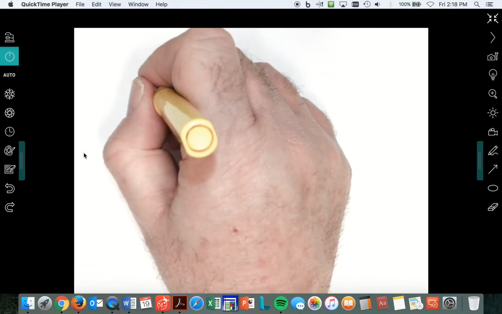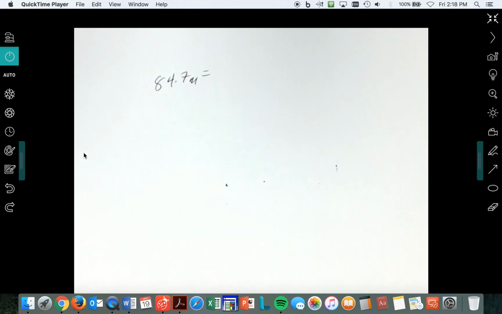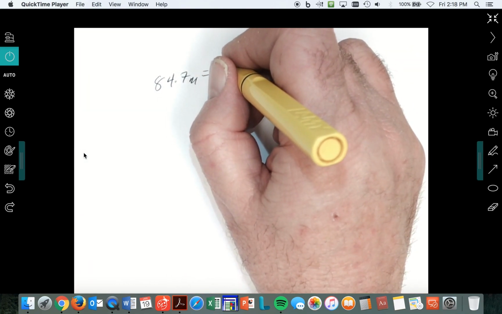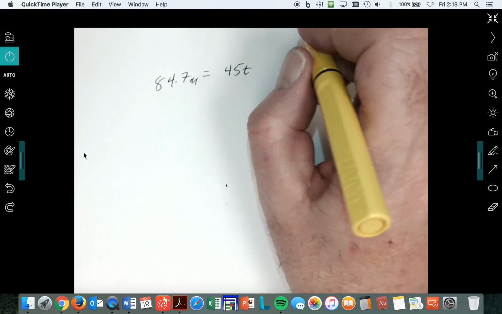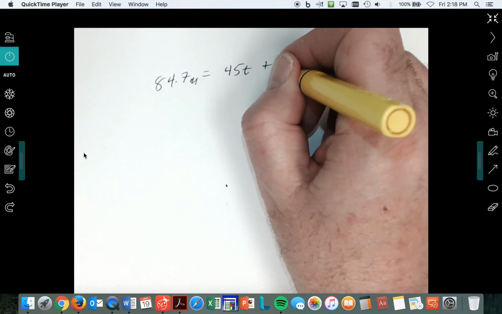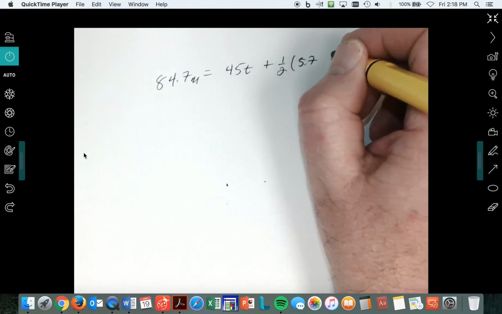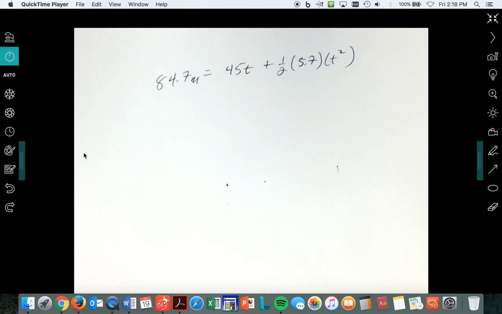So I've got 84.7 meters is equal to, what did they say the final velocity was? 45t plus 1/2 times, what's it, 5.7, which has become positive now, times t squared. I've got an ugly quadratic on my hands, that's all, but I can find the time.